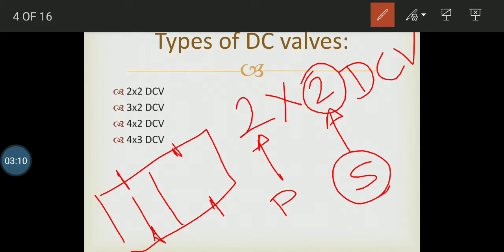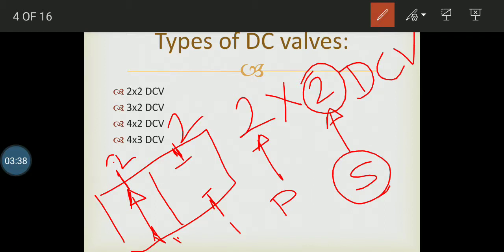For the first section, the arrow will move from the lower port to the upper port. Suppose I name them 1 and 2. This is also 1, this is also 2. So in the first section, the fluid will move from port 1 to port 2, and in the other section both the ports will be turned off.